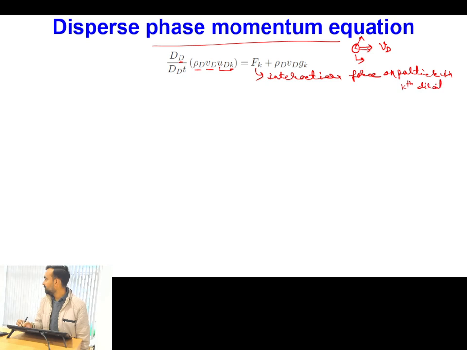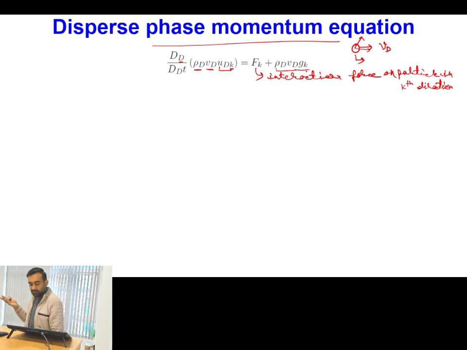Is this one clear? And rho d Vd into Gk is the body force. Okay, do I need to consider any other force? Because we are writing this equation for a dispersed particle, and we assume that dispersed particles are not crossing the boundary of the control volume, there will not be any surface force at the boundary of the control volume on the dispersed particle. Okay. So this is my momentum equation for a single dispersed particle.